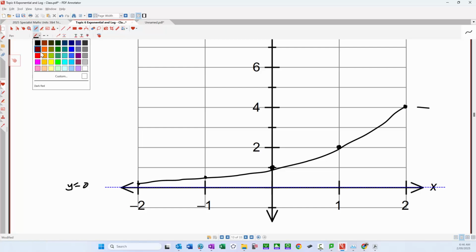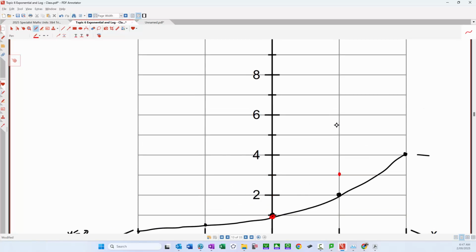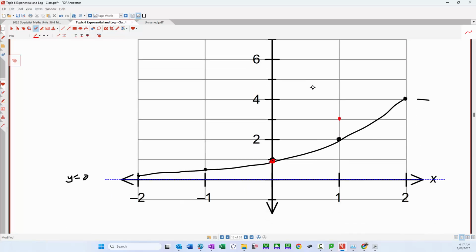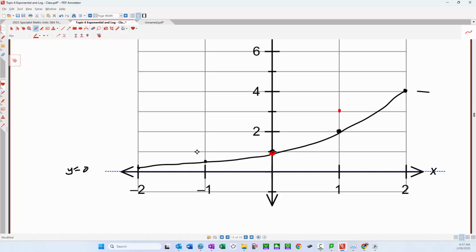All right, so just choose a different color, and we'll note that 3 to the x goes through there. 3 to the 1 is 3. 3 to the 3 is 9. So we get this more exponential growth, if that's a word. What was it, a third? So roughly there.